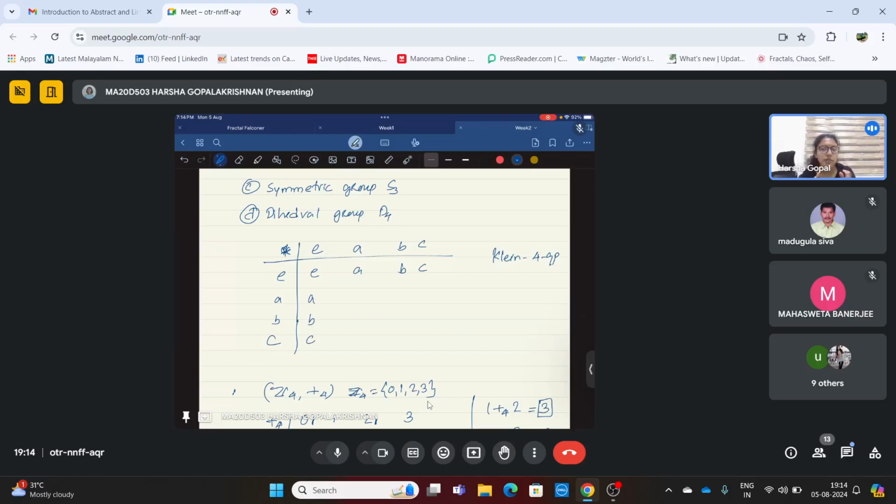This is also an abelian group only. After writing we can see. Now, the next thing for the Klein four group: for any element A, the inverse is itself. That means A star A will be identity, B star B will be identity, C star C will be identity. So we can fill along this diagonal E.